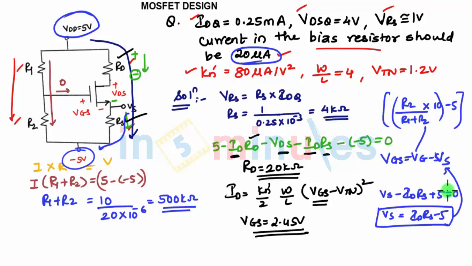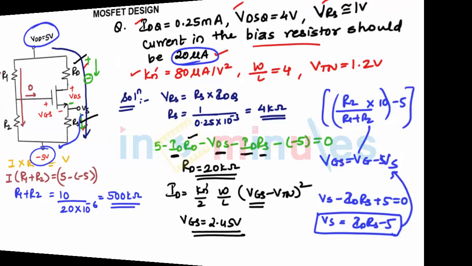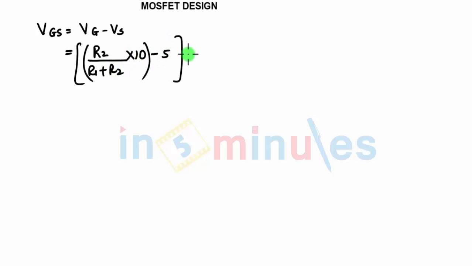So this is your Vg and Vs. When you substitute these values, VGS is Vg minus Vs. We are writing Vg as R2 upon R1 plus R2 into 10 minus 5, minus IDRS minus 5 instead of Vs. So VGS, we have found it as 2.45 volts.